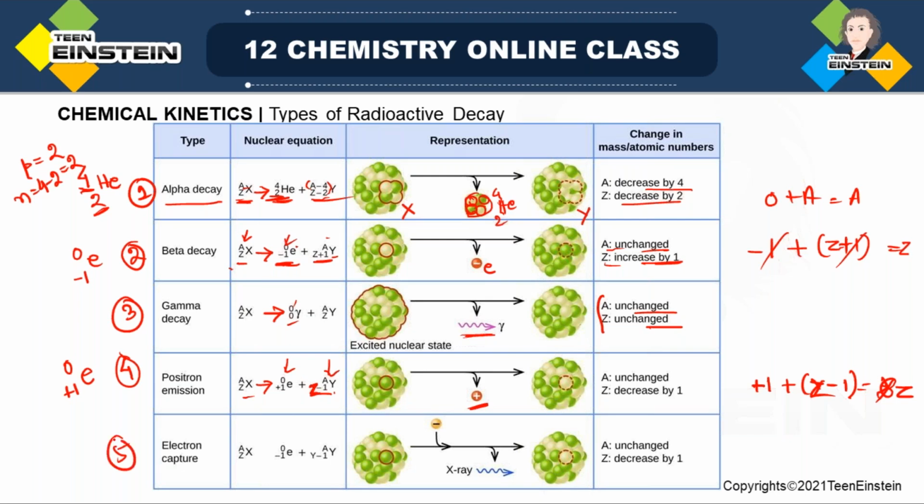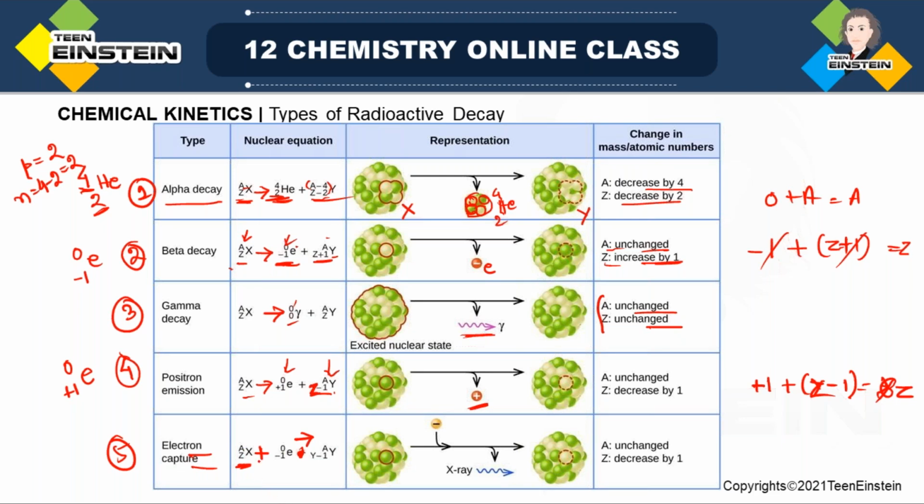And the 5th one, now this process is basically electron capture. So you will see there is some difference in this, the last process, it is to some extent different. In the first 4 processes, what we have seen, different types of particles are emitted. But now it will capture electron. That means the starting species X will capture electron, and the arrow should be here.